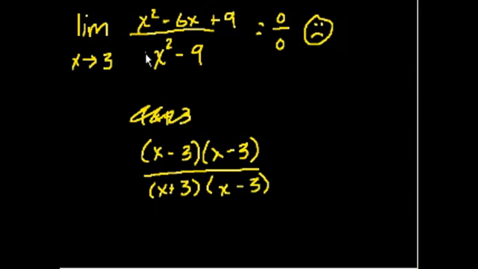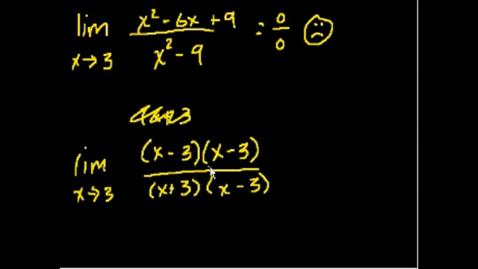All right? So the limit as x approaches 3 of this expression is the same thing as the limit as x approaches 3 of this expression. And of course, there's nothing we can do to change the fact that this expression is undefined at x equals 3. But if we can simplify it, we can figure out what it approaches. Well, if we assume that x is any number but 3, we can cross out these two terms, because then they wouldn't be 0.